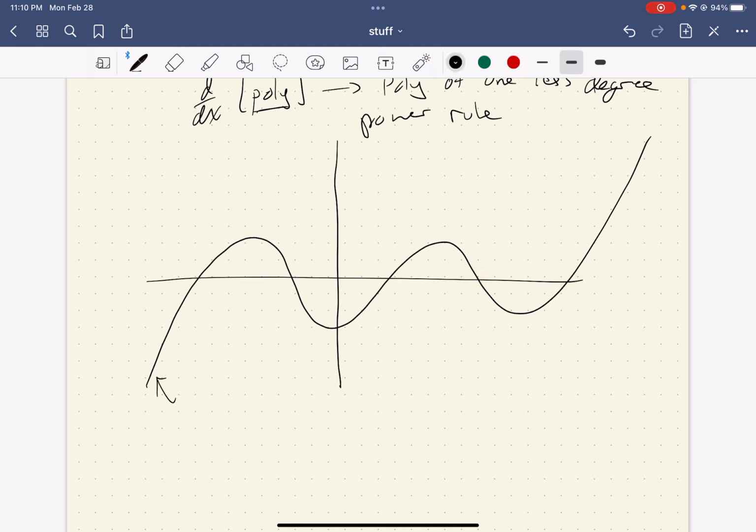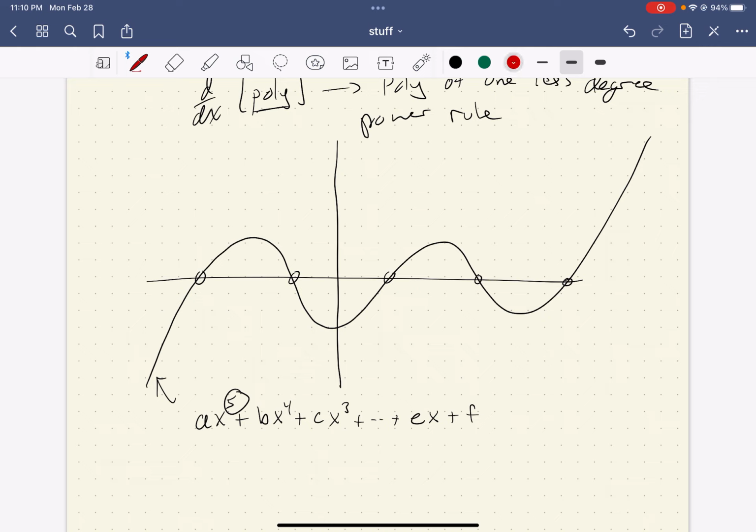So this black curve is probably something of the form some number x to the 5th plus some other number x to the 4th plus some other number x to the 3rd, and it just keeps on going until you run out, and you get some other number x and some other number, right? So it just kind of looks like that. This largest power is called the degree of a polynomial, and in most nice cases, you just count the number of roots that there are.